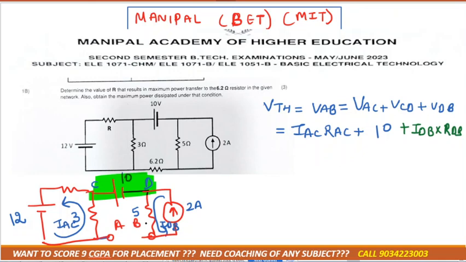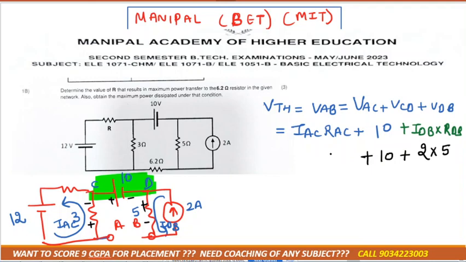So if I solve it further, for IDB, the current source, we can directly put 2 ampere because the current source is in the branch. Resistance is 5, right? Plus, minus, plus, minus, plus, minus. So we will take either all the first signs or all the second signs. All the first sign is plus.